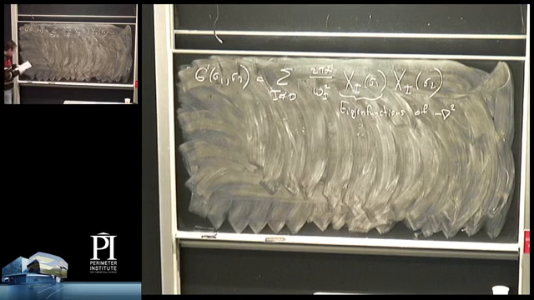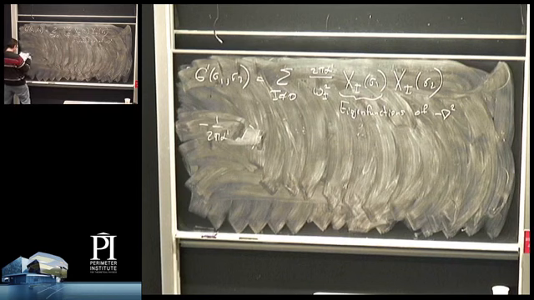Very good. So now we know that those are the eigenfunctions of this Laplace operator on the sphere. And so I can write down the differential equation for my reduced Green's function.